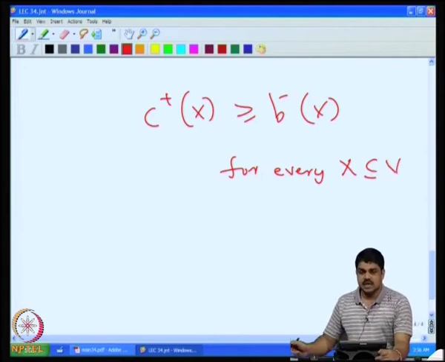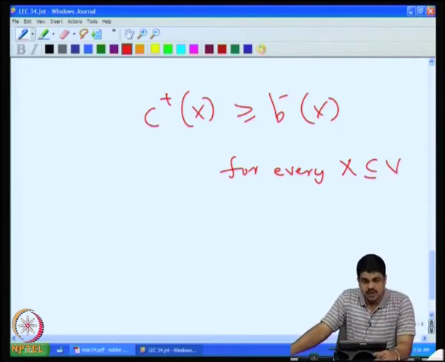This is a necessary condition for a feasible circulation, right, if the circulation is feasible, because we know each flow value has to be less than or equal to c of a for each edge and greater than or equal to b of a for each edge.